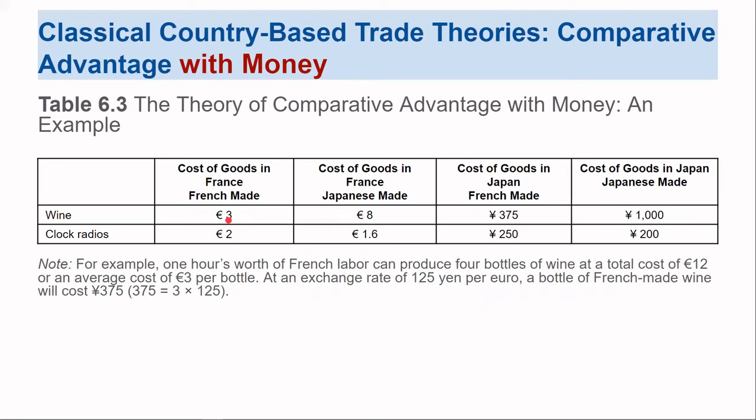So of course, the 3 euros times 125, you get 375. Are you following? Can you see the numbers here? 3 times 125 equals 375. And so you convert the currencies of one country into the other country.